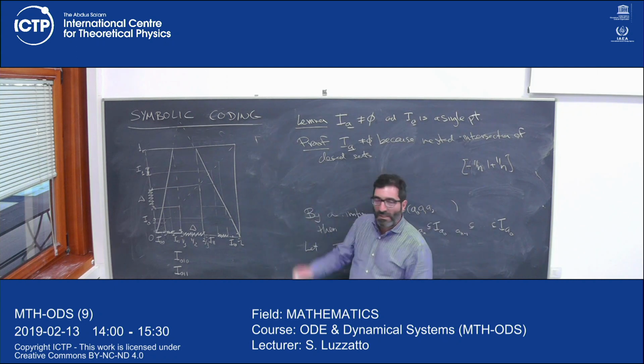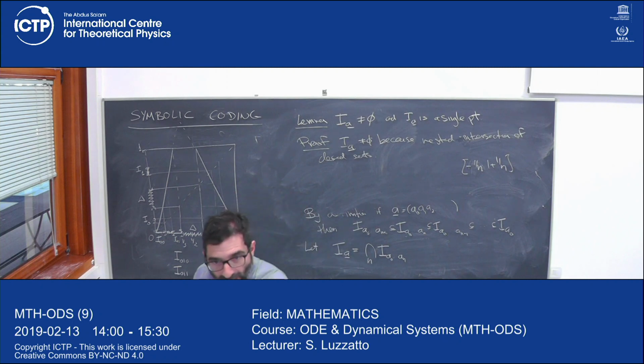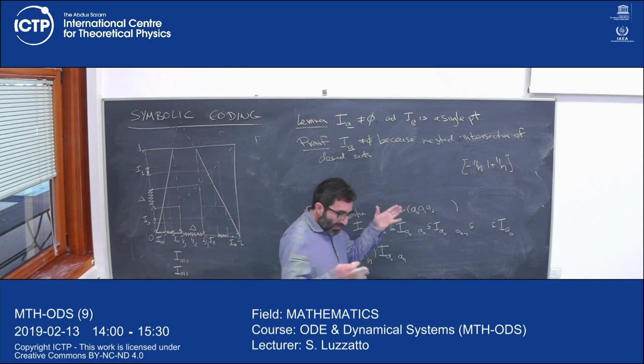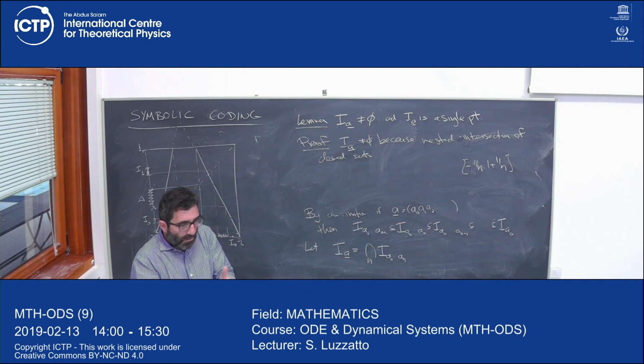So how do we know that this is a single point? The size of the interval, very good. We need to show that the size is going to 0. At every finite level we have nested intervals, so the intersection is not only non-empty but also connected.